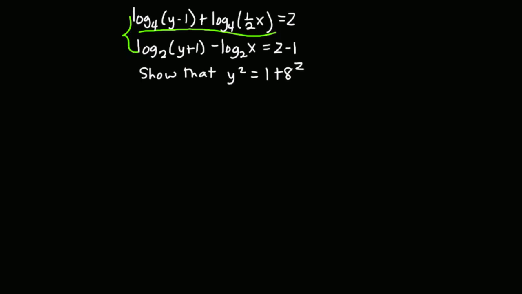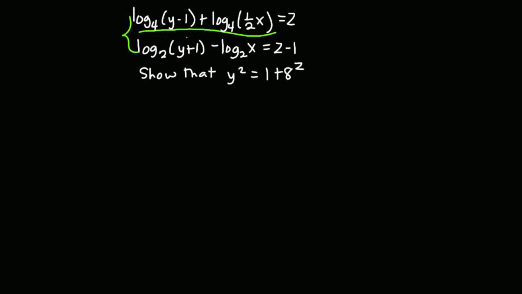Now what I'm going to do is rewrite each of the logarithmic equations. If I take a look at the first logarithmic equation, you realize that we have the same base and we are adding.